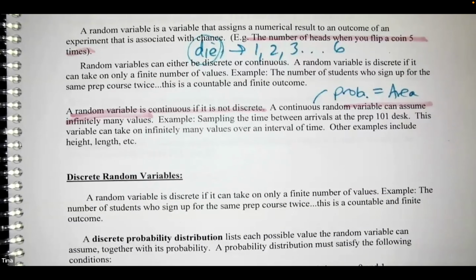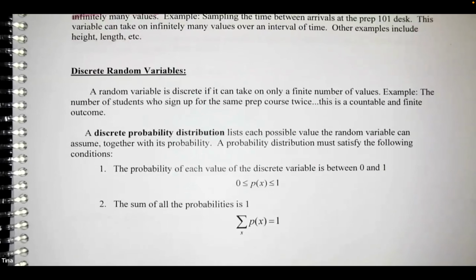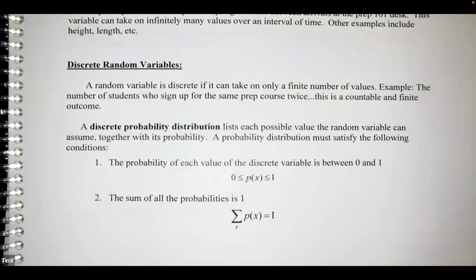Those are all continuous. Okay? So we talked about some basic probability under the midterm. We knew how to find some really easy probabilities using discrete. So now we're going to talk about things like the mean, the standard deviation, all those sorts of things.